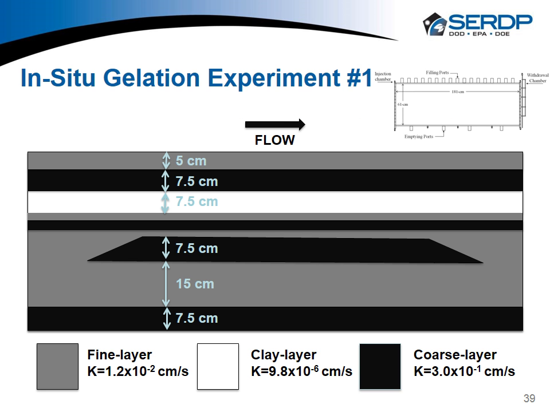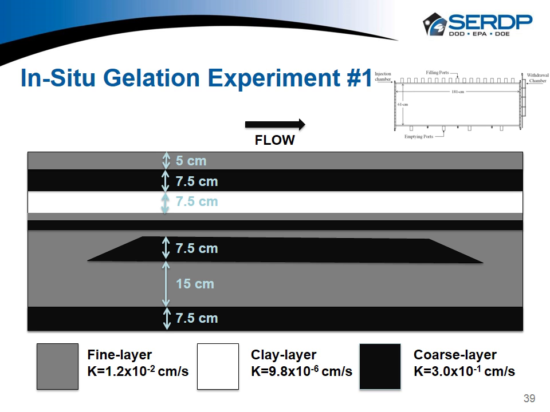The next slide shows our trial of this gelling solution in a big flow tank. Here you see the setup. The black color represents the coarse layers and lenses, white shows the clay-rich layer, and gray shows the fine layers.